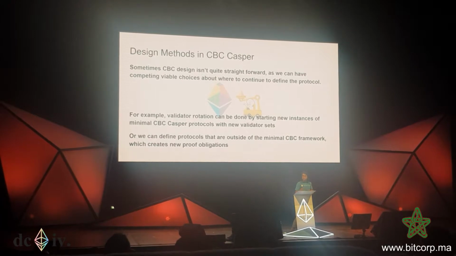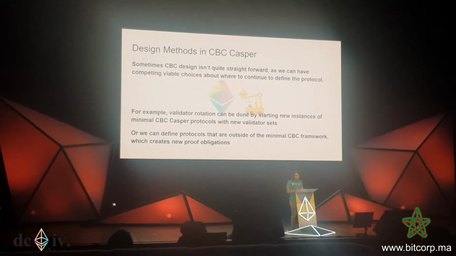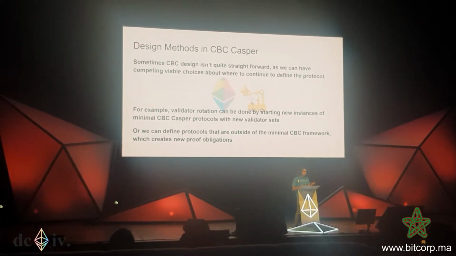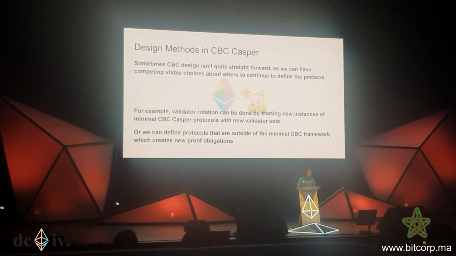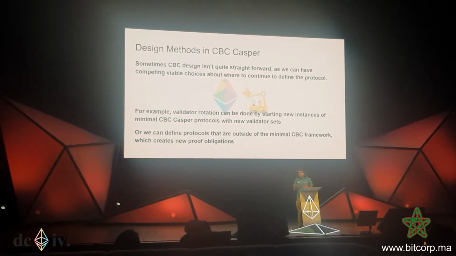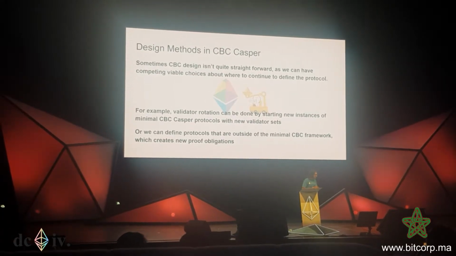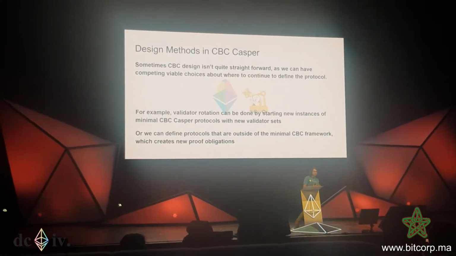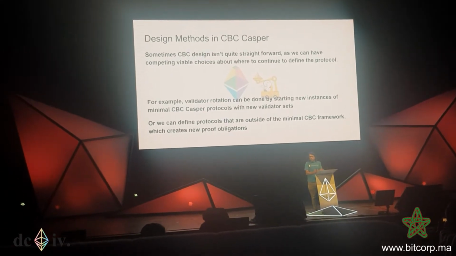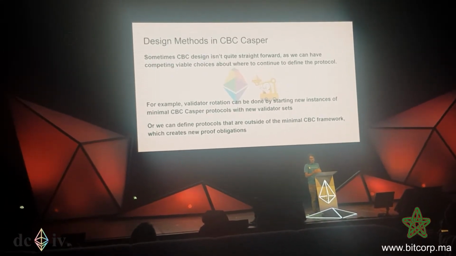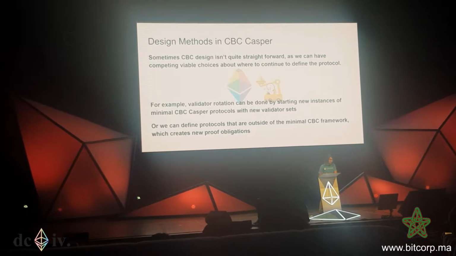And whenever we do this kind of design that's outside of the framework, we create new proof obligations. And so we sometimes have to choose between designing things in a way that takes advantage of existing proofs, or coming up with a new system or a broader family that has other proofs.